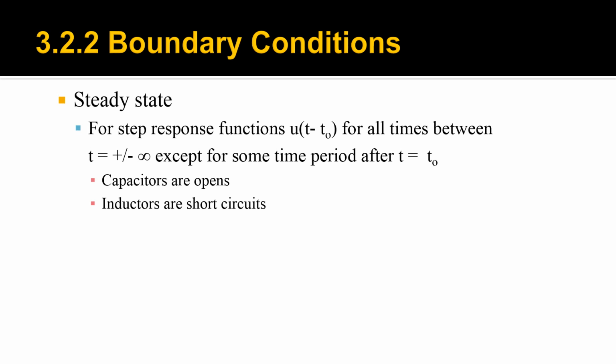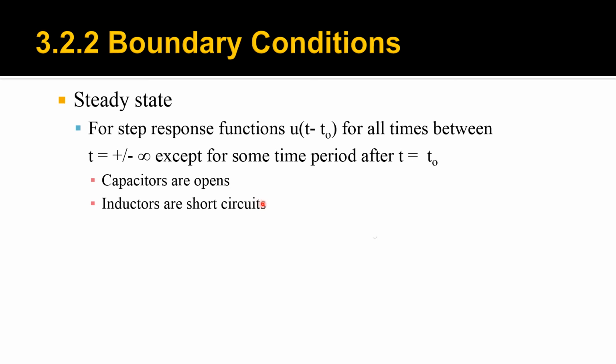For a step response function, u(t minus t naught), remember this is the unit step function, for all times between t equals 0 plus, meaning just after t equals 0, and minus infinity, except for some time period after t equals t naught. So t naught is the initial condition at t equals 0. And remember, during this time capacitors are open and inductors are short circuit.